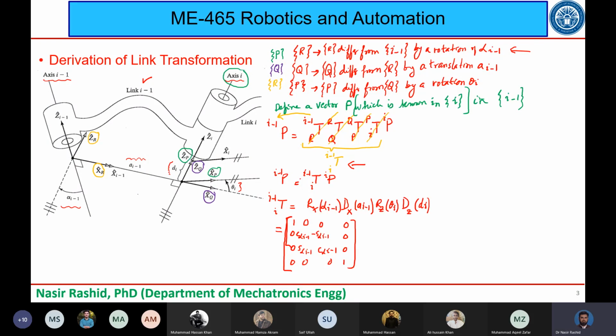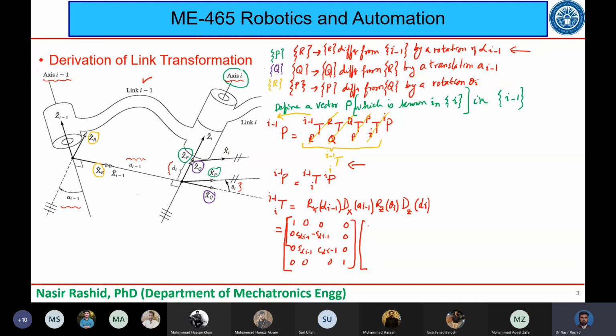So the next matrix would be, since I know that it is only a translation about x, so it means in rotation matrix, what would I have in the rotation matrix? If it is only translation, so what would I have in the rotation matrix? जी सर, identity matrix.